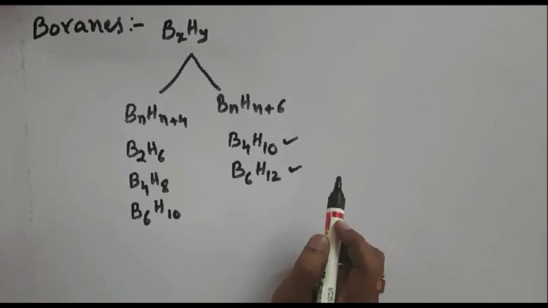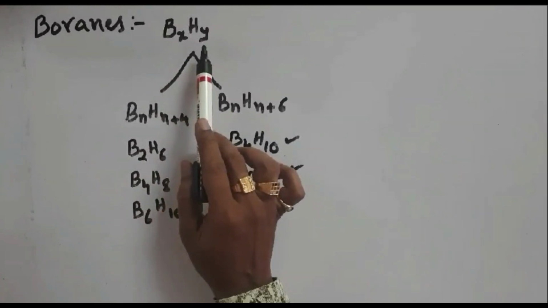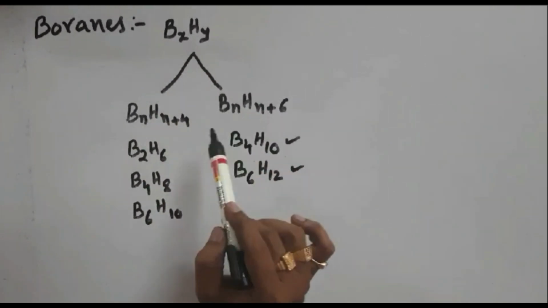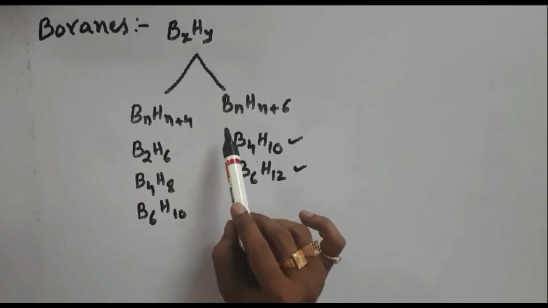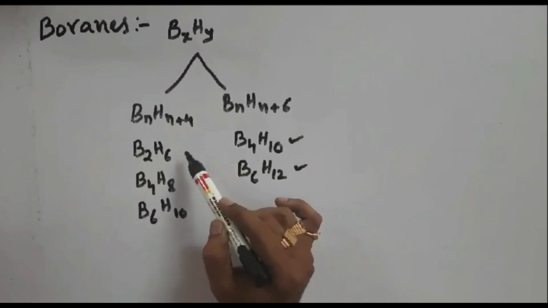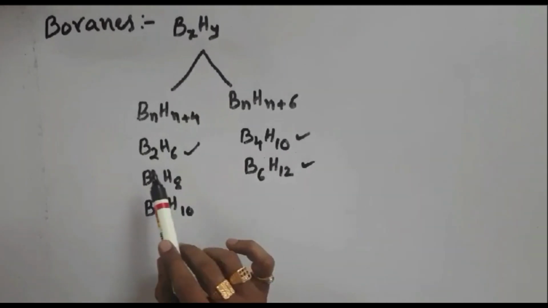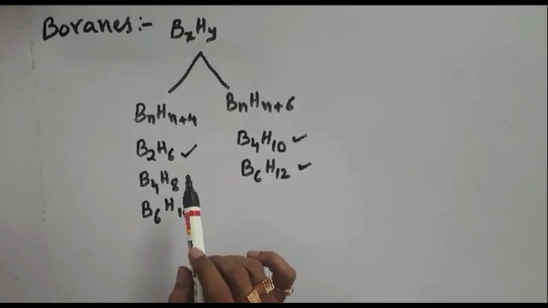So in this way, boranes are binary compounds of boron and hydrogen with general formula BxHy, classified into two types, namely BnHn+4 and BnHn+6. So we are going to focus on diborane. We are going to see the preparation of diborane and the structure of diborane in detail.